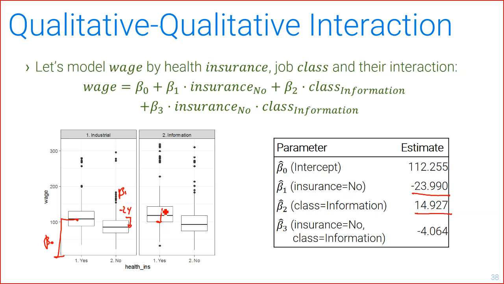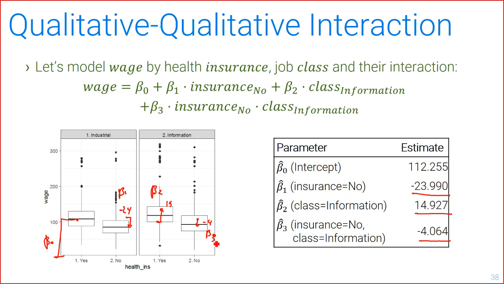Here we have a positive effect of 15. This is beta 2. And whenever we have the interaction, so the specific case of no insurance and working on IT, there is a negative effect of minus 4. And that would be this one here. Minus 4, this is beta 3.